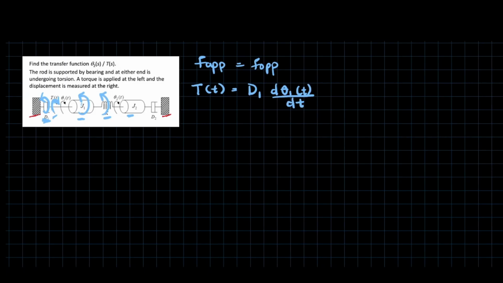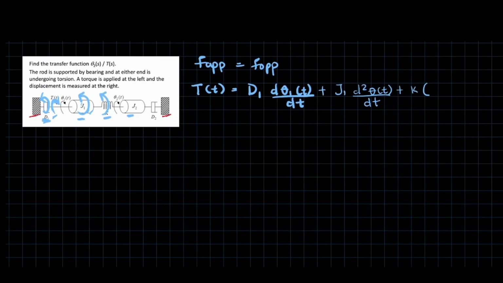The second thing opposing the torque motion is this inertia. So it's going to be J1, inertia, not mass, but it is the equivalent, times angular acceleration, d squared theta 1 t over dt squared, plus now this K.